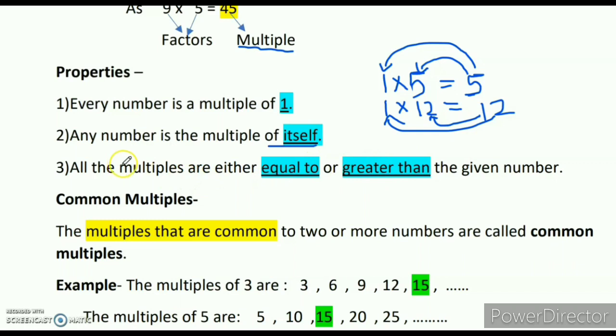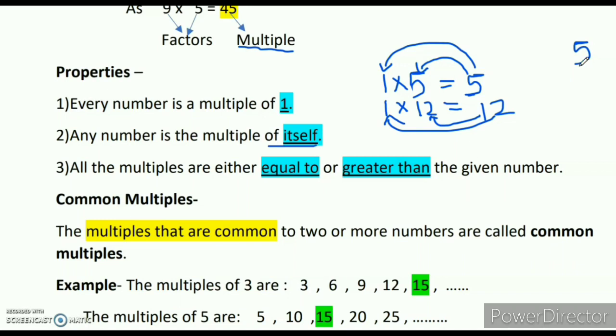Let's see one more property, that is, all the multiples are either equal to or greater than the given number. You can see, children, every multiple will be greater than or equal to the number given. For example, let's take 5 and find the multiples of 5.